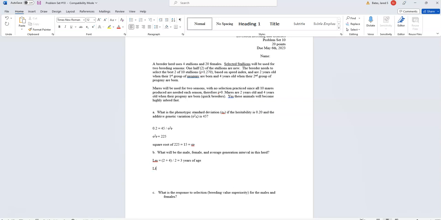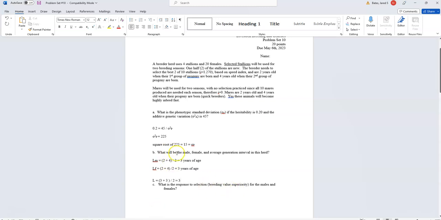If there were 3 groups where I was having 2, 4, and 6-year-olds, then that would be 2 plus 4 plus 6 divided by 3. But since I've only got 2 groups, 2 years old and 4 years old, I just divide that by 2. And so that is 3 years of age on average. I do the same thing for the females, denoted as LF. Same thing, 2 plus 4 divided by 2, and that equals 3 years of age. So for the overall generation interval, I take the average of these two, which is 3 plus 3 divided by 2, which is still just 3.